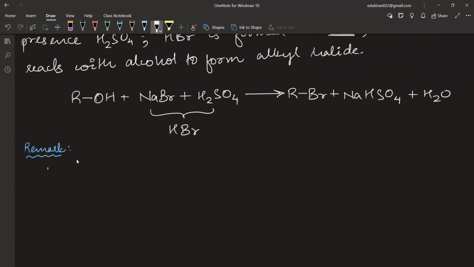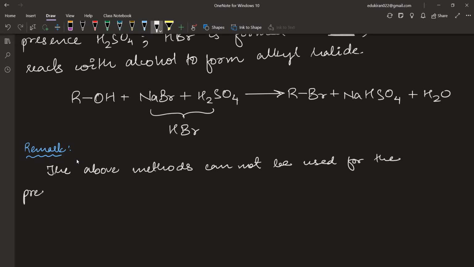Right, next remark. Please write: the above methods cannot be used for the preparation of aryl halides. That means we will only be preparing haloalkanes, that means alkyl halides.